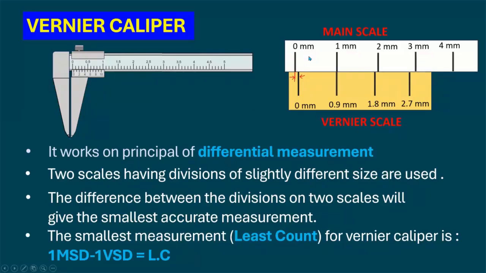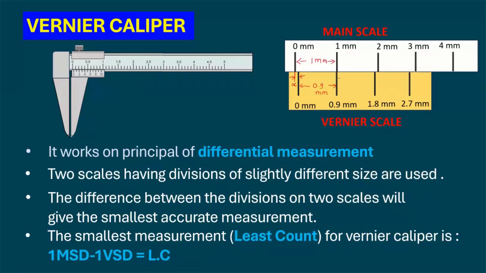Now I cannot measure this size exactly, right, because it does not show anything. Say that this distance is x, for instance. I want to measure the value of x, friends. Here we know this is going to be 1 mm, and this much from here to here, on the vernier scale, is 0.9 mm.